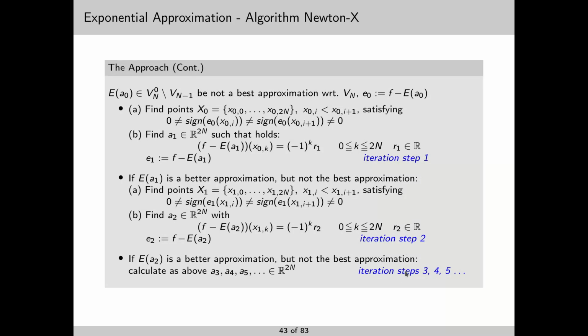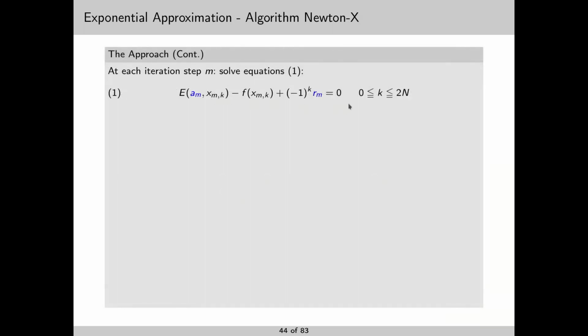At each of these iteration steps we have to solve these equations. That is, at each step m we are given 2n+1 points xmk with the properties from above and have to find a solution vector am for system 1 of 2n+1 equations.